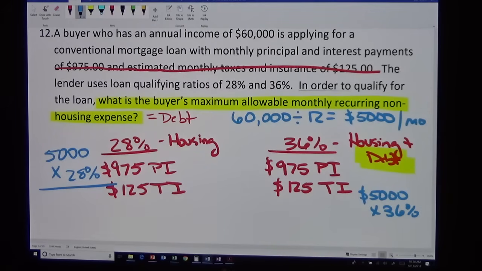So 5,000 times 28%, that means we have $1,400 a month to spend on just housing. And if we take that $5,000 and multiply it times 36%, we have $1,800 to spend on housing and debt.